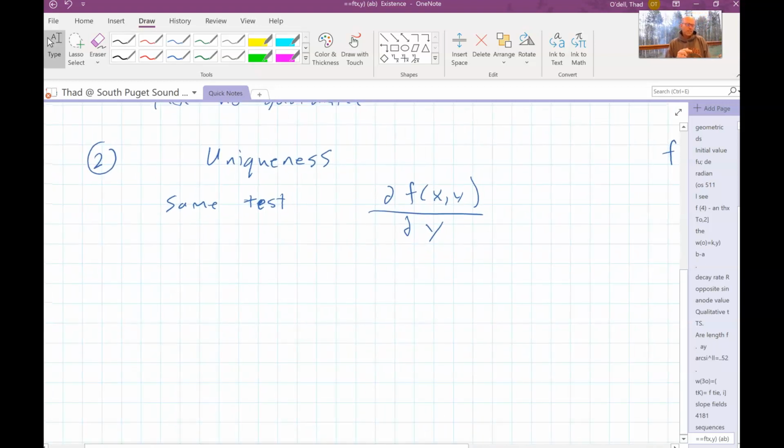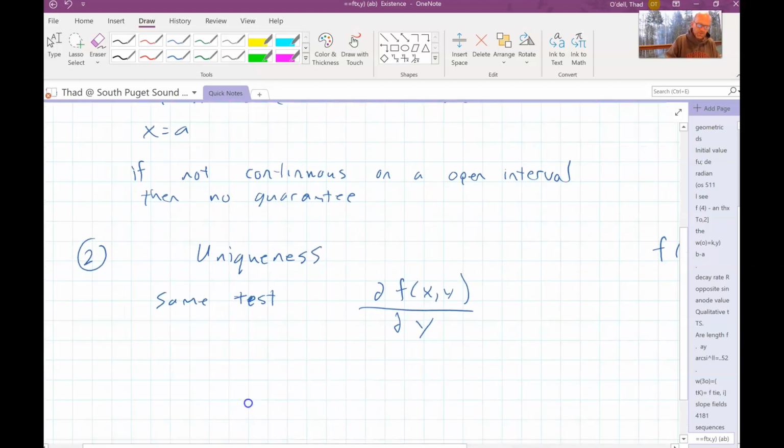The uniqueness test says we take the partial derivative of the function that's set equal to dy dx, and then we apply the same criteria.